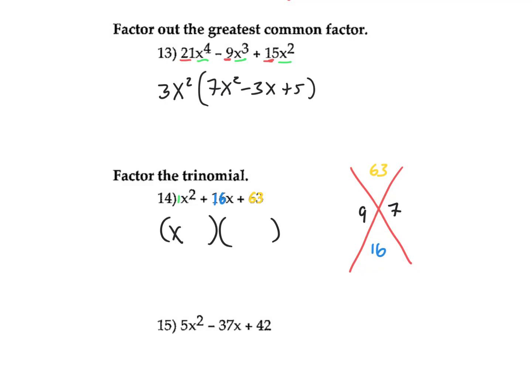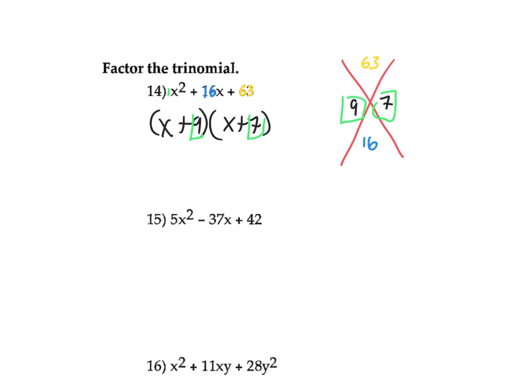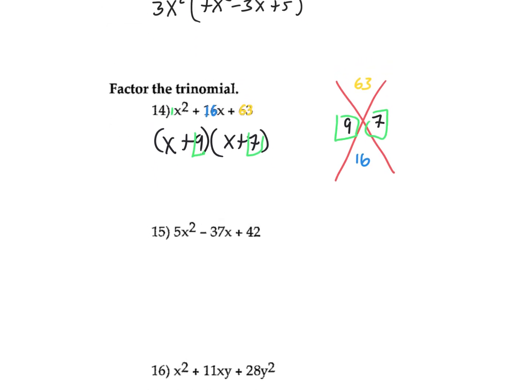Well, it's going to be x plus 9 and x plus 7, right? These right here. Boom. Okay, so that's how you do that. So this is what I was talking about before. This is also an X method. However, with this, we have a leading coefficient other than 1.